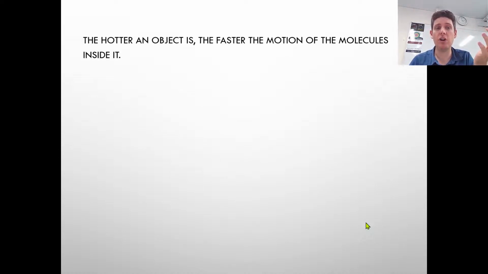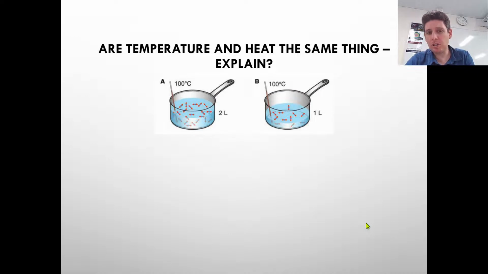A great example of this, if you cook on a stove, one pot that has heaps of water in it and one pot with not much water, you put a thermometer in, they have the same temperature, 100 degrees Celsius. Which one has more energy? It's the one with more.